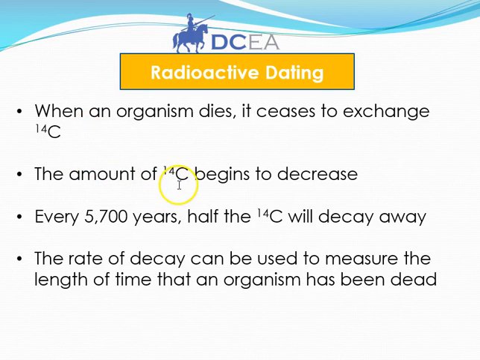Consequently, the amount of carbon-14 begins to deteriorate or decay. Every 5,700 years, half of the carbon-14 will decay away. So that's what half-life means. Only half will be left for every 5,700 years that passes. The rate of decay can be used to measure the length of time that an organism has been dead.